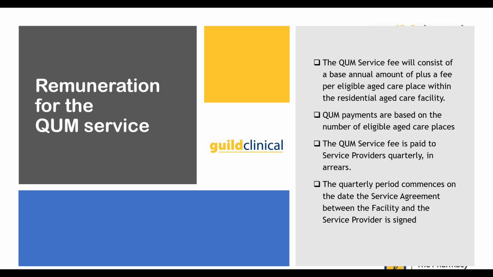It's paid to the registered service provider quarterly in arrears, so you work for the first 3 months before you get any funding at all. The quarterly period commences on the date the service agreement between the facility and the service provider is signed. So if you sign the agreement on the 1st of January, you would be able to claim then on the 1st of March.